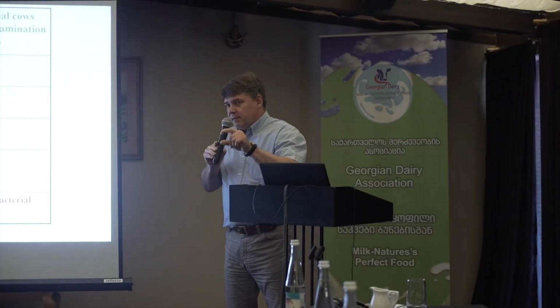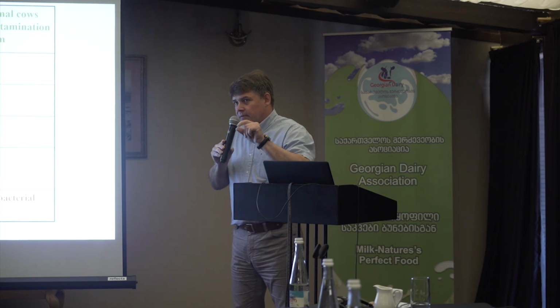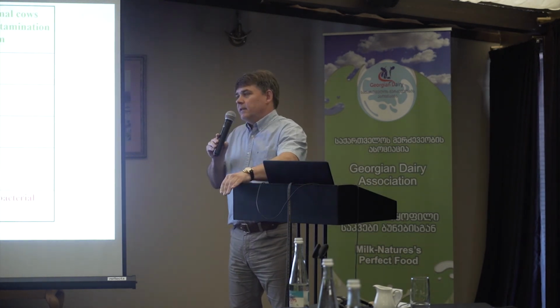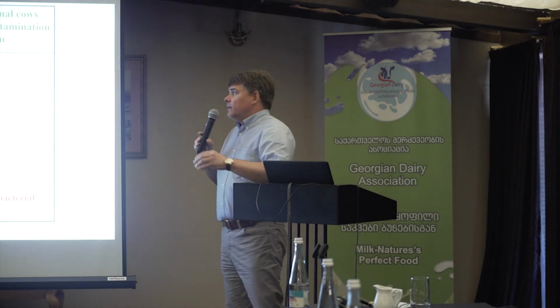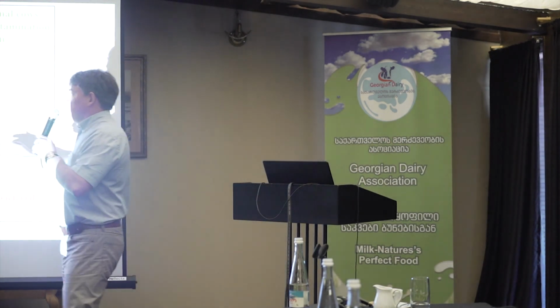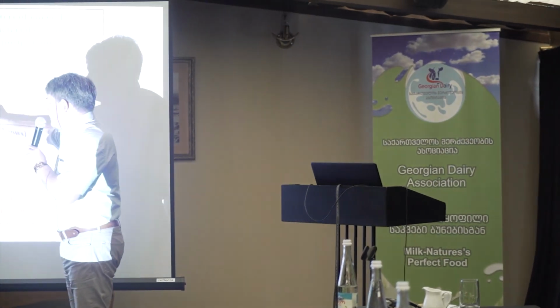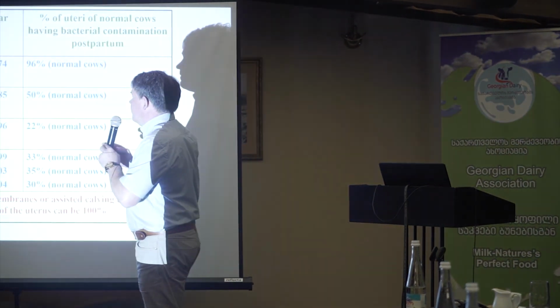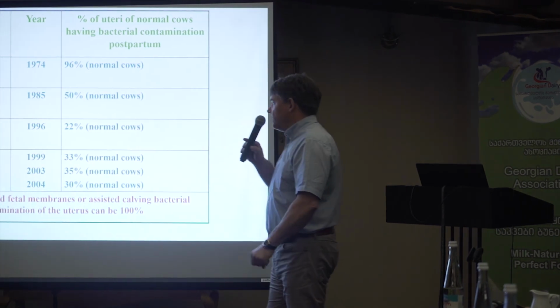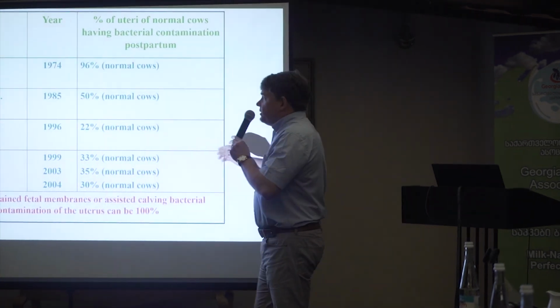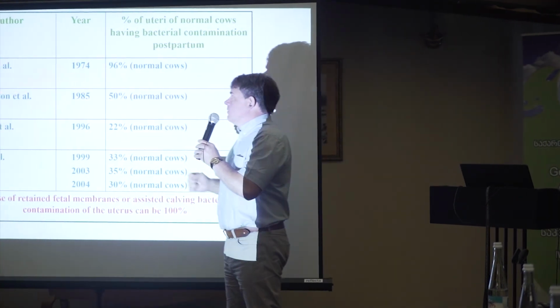If they are present in the uterine lumen, they are not so dangerous, but if those bacteria are growing inside the tissue, they are much more dangerous. And you will see here that in science in the middle of the 80s, fewer normal cows were found to have bacteria inside the uterus. And why it changed is that they changed the methodology of collection.